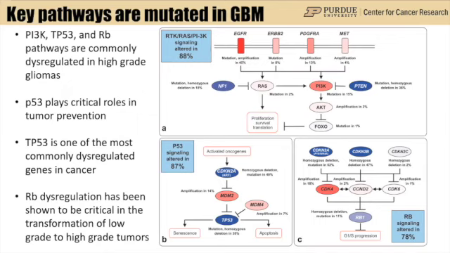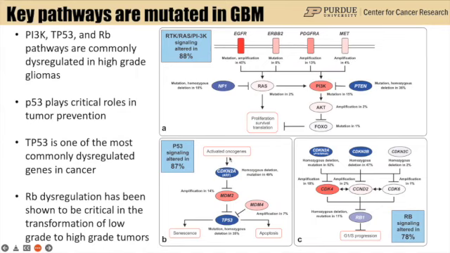For example, in the case of the RTK RAS PI3K pathway, 88% of these samples in the glioblastoma TCGA data set show a mutation or alteration, like a copy number variant, in this pathway. 87% have alterations in the P53 pathway, and 78% had alterations in the RB signaling pathway.